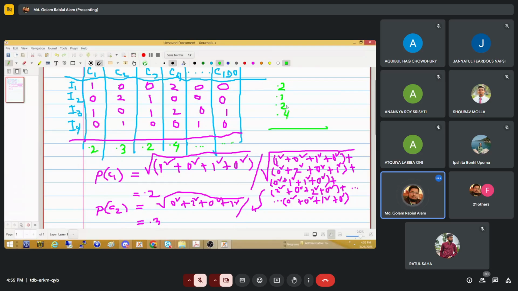If we sum up, we get 1.1. So this is the summation of all the probabilities. Now what we can do is divide each and every probability by this value.